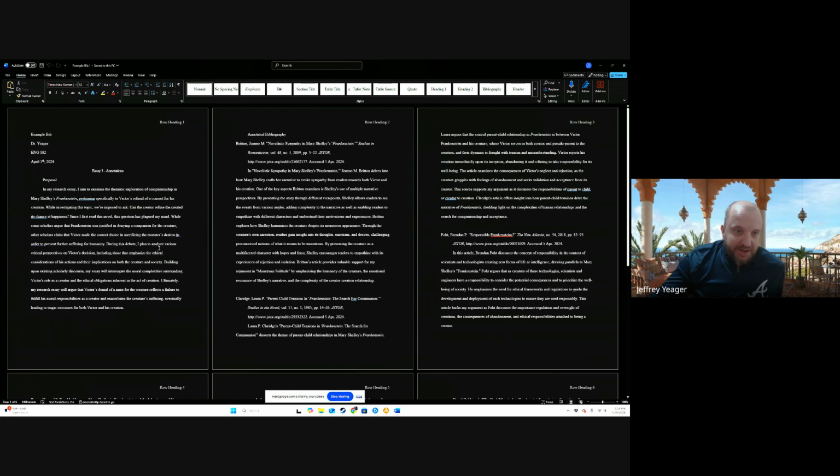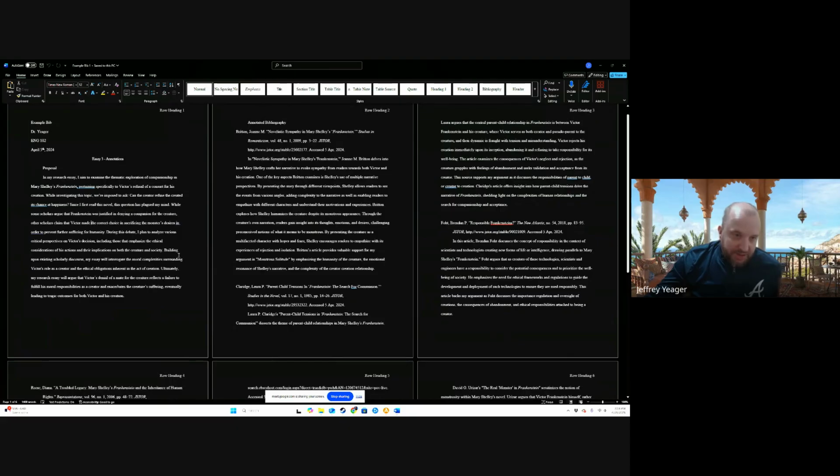Since I first read the novel, this question has plagued my mind. While some scholars argue that Frankenstein was justified in denying a companion, others claim that Victor made the correct choice in sacrificing the monster's desires in order to prevent further suffering for humanity. During this debate, I plan to analyze various critical perspectives on Victor's decision, including those that emphasize the ethical considerations of his actions and their implications. The blah, blah, blah, right?